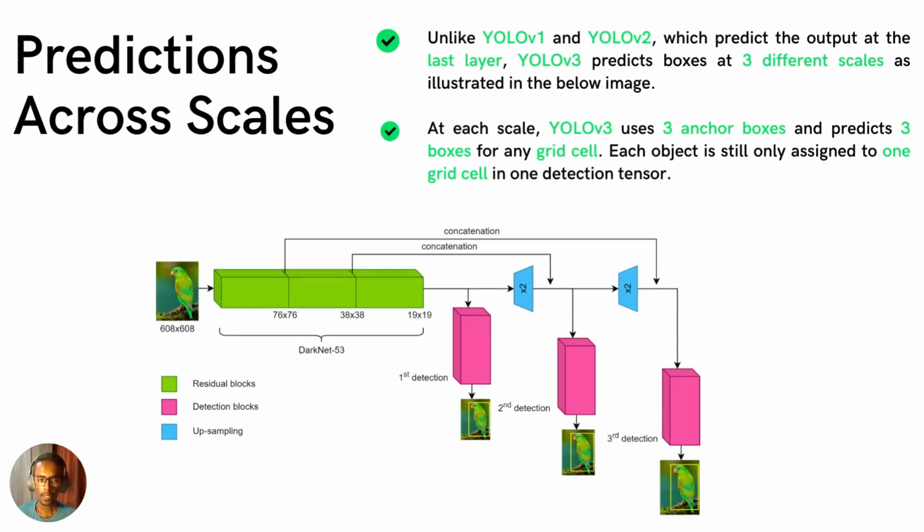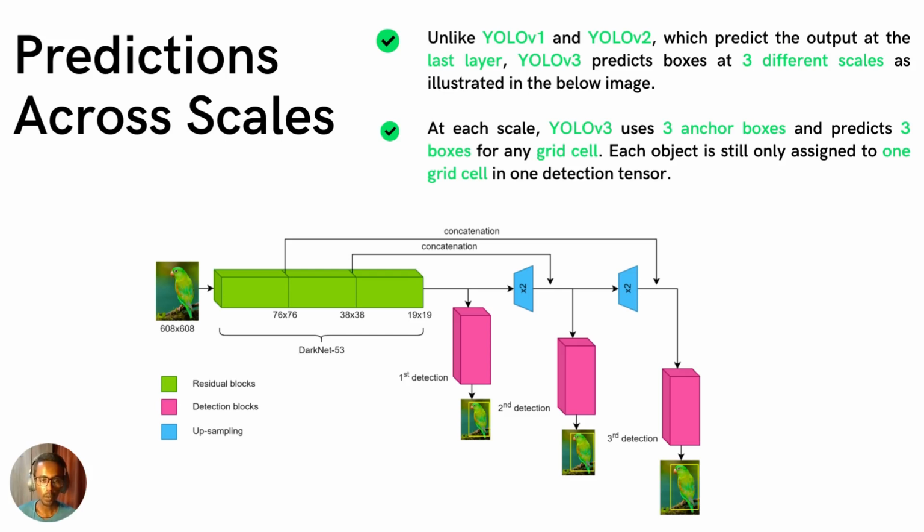Now that we have covered the backbone section of the YOLOv3 architecture: unlike YOLOv1 and YOLOv2, which predict the output at the last layer, YOLOv3 predicts boxes at 3 different scales, as illustrated in the image below.